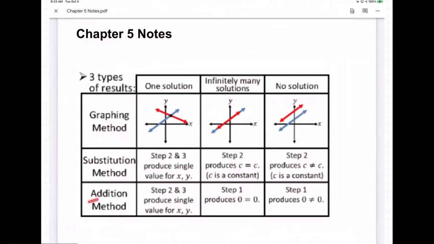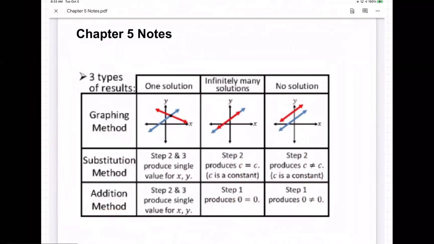I've given the 3 different categories. So using the addition method, if you get 0 equals 0, which is what we got, that's infinitely many solutions. If you get numbers that are not equal, then that's no solution. But we got 0 equals 0, infinite solutions.